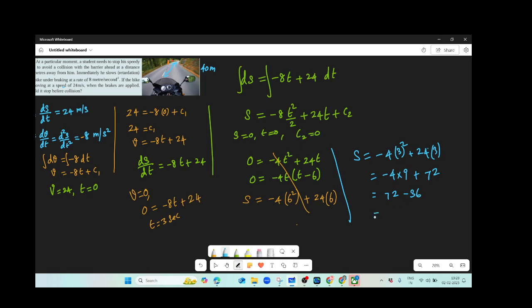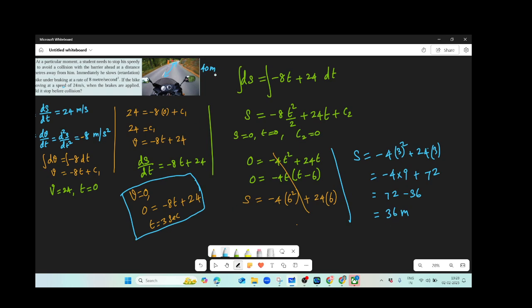So only 36 meters. So when the brake is applied, velocity becomes 0 at 3 seconds. In 3 seconds it travels 36 meters.